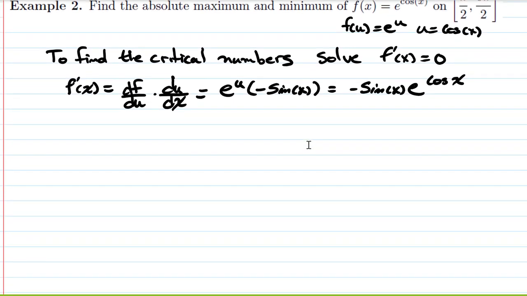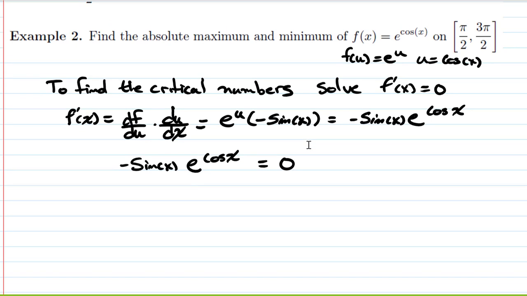So now we need to set that equal to 0 and solve. So we have negative sine x e to the cosine x is equal to 0. Now we use the zero product rule because we have two things that are being multiplied together. We have a negative sine x, and we have the e to the cosine x.